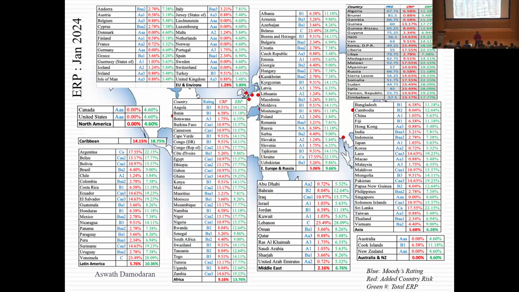I'm looking for an equity risk premium for Syria on your website, and I can't find it. Why? Very accusatory why. And I told him, look, Syria does not have a rating, and if it doesn't have a rating, I can't come up with an equity risk premium. He said, well, what am I supposed to do in the meantime? I said, get out of the country would have been my reaction, but that wouldn't have been polite.